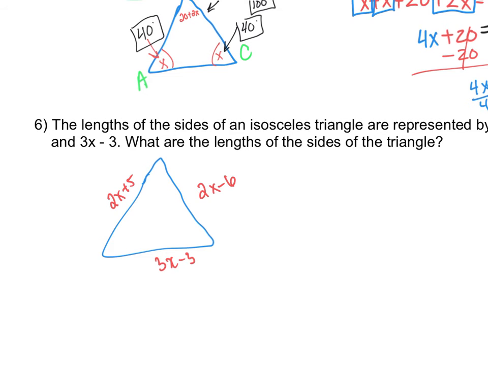We typically set the sides opposite each other equal to each other. So I'm going to set my 2x plus 5 and my 2x minus 6 equal to each other.